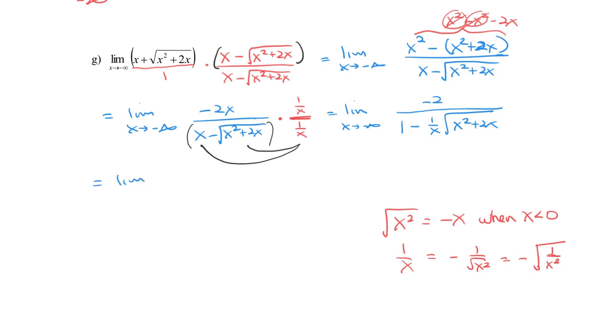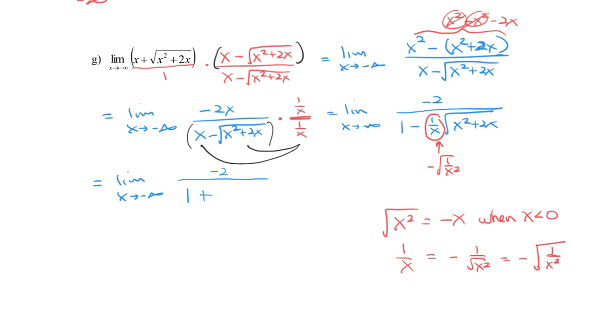So we have the limit as x approaches negative infinity, and the numerator is negative 2. The denominator will be 1 plus, right? It's a plus because there's a minus here, but then when I swap this out, I basically swap 1 over x and then put in its place negative 1 over the square root of x squared.